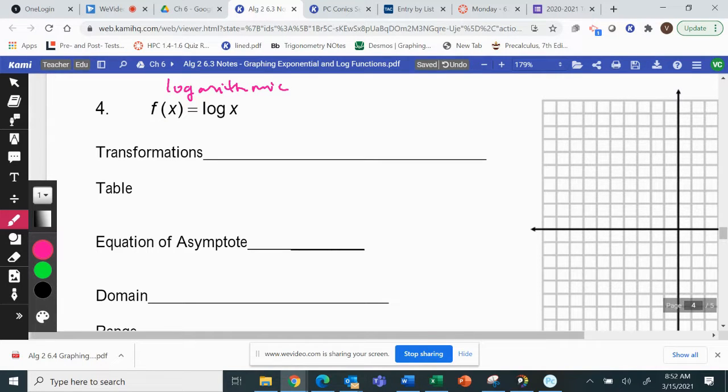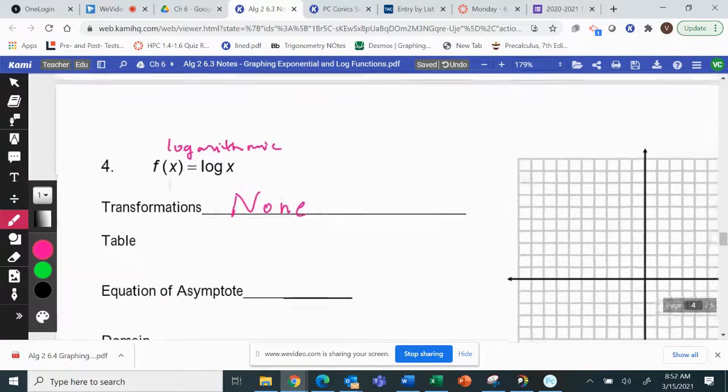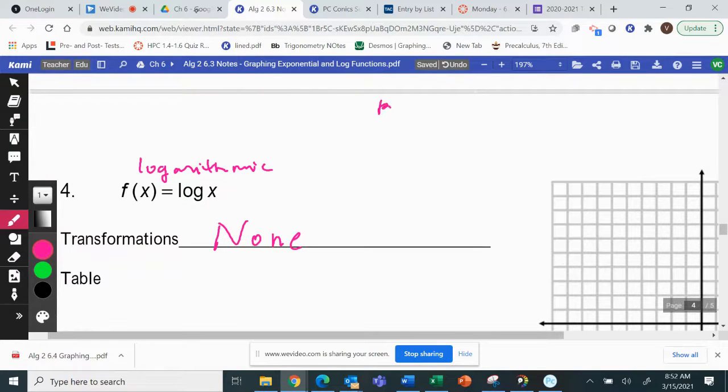Okay, so I am going to make my table. By the way, there's no transformations for this one. I'm going to make my table with the inverse. So this is for logarithmic.